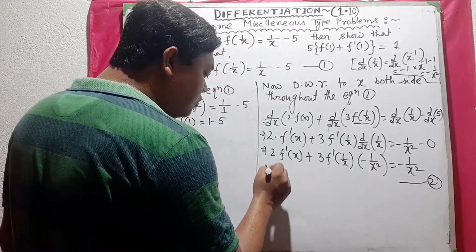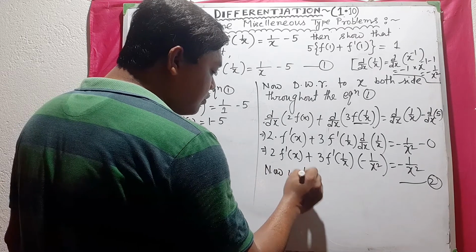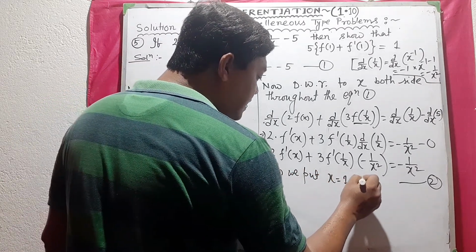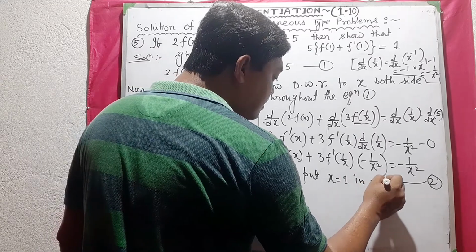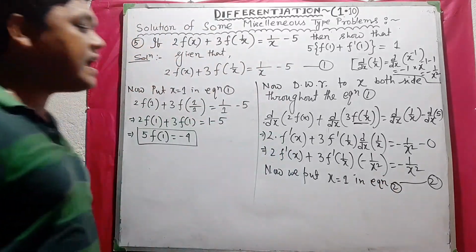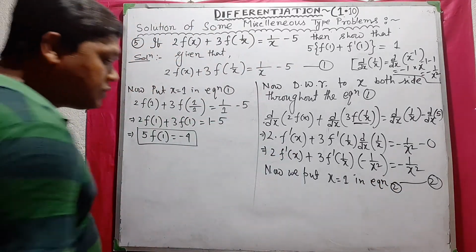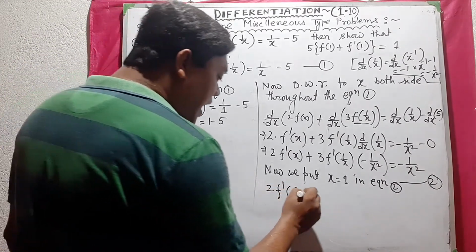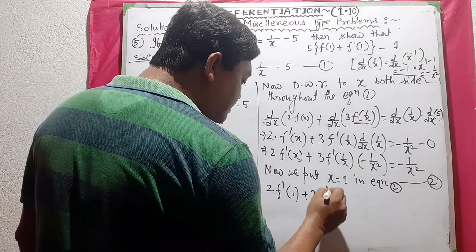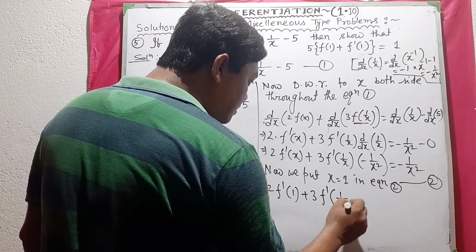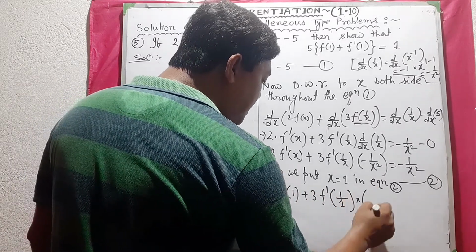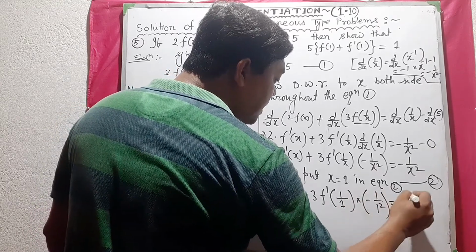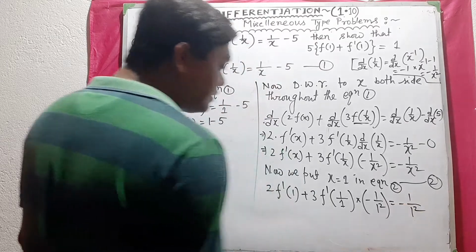Now we put x equals to 1 in equation 2, because I have to find f'(1). So there, 2f'(1) plus 3f'(1/1) into minus 1 by 1 square equals to minus 1 by 1 square.